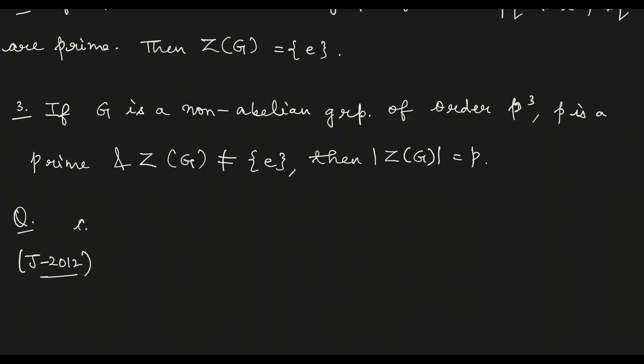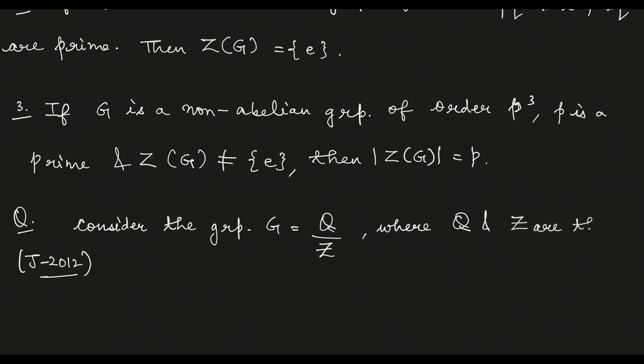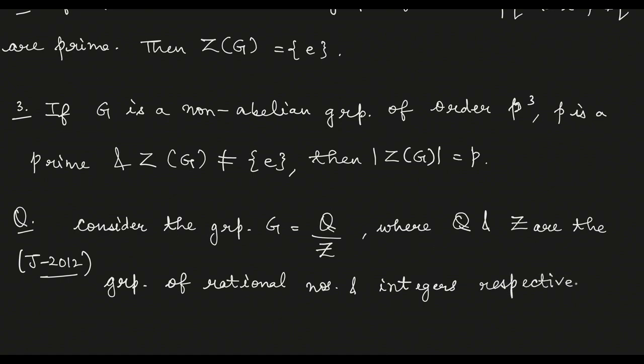Consider the group G equals Q by Z, where Q and Z are the group of rational numbers and integers respectively. Let n be a positive integer.